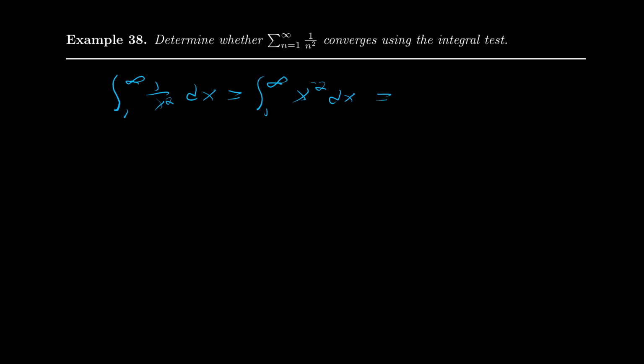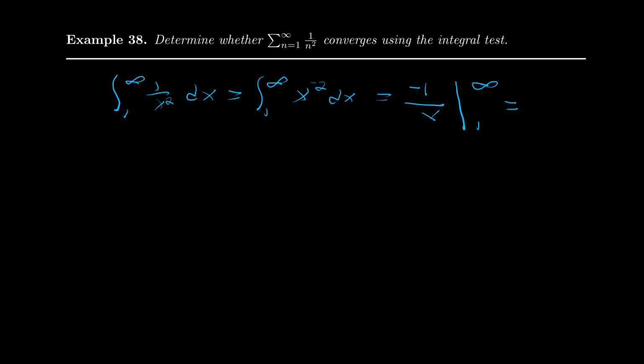So when you do the math on this, and this is sort of sloppy to write it this way, this is negative 1 over x evaluated between 1 and infinity.